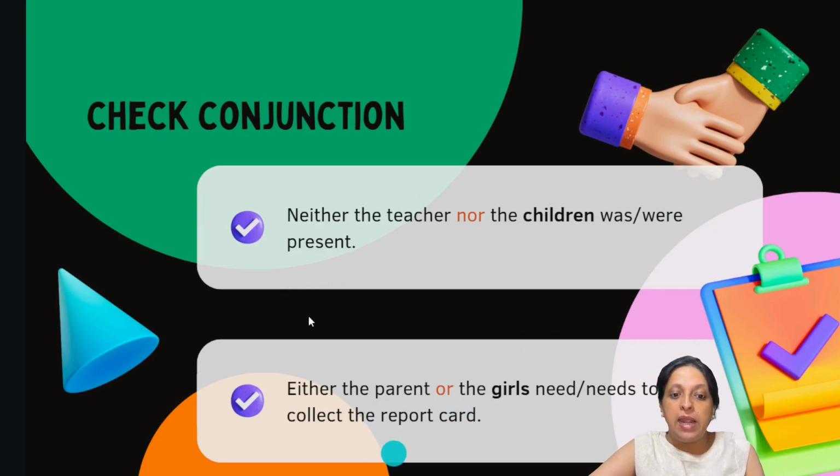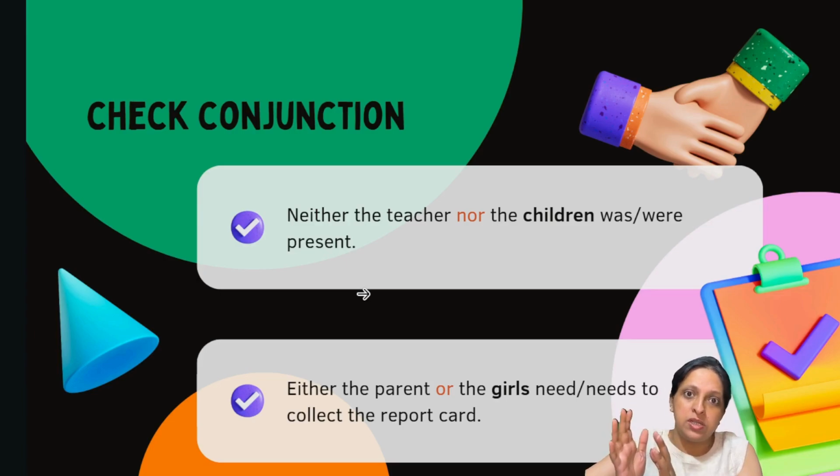Next one, either the parent or the girls. Now, parent means either the mom or the dad. Okay? So either the parent. We want to say that one of the parents, that means the mom or the dad, or the girls. The girls are a group. The girls is a plural subject.